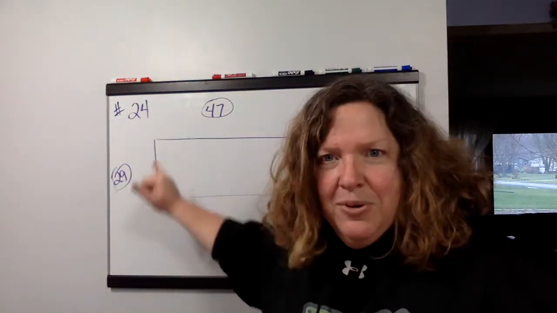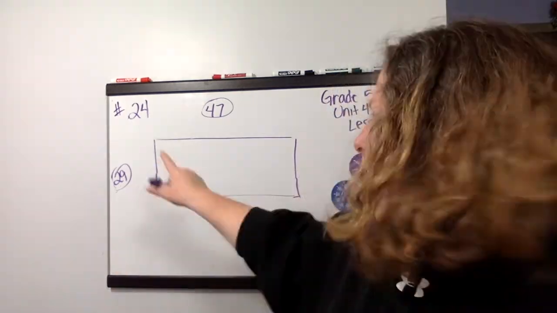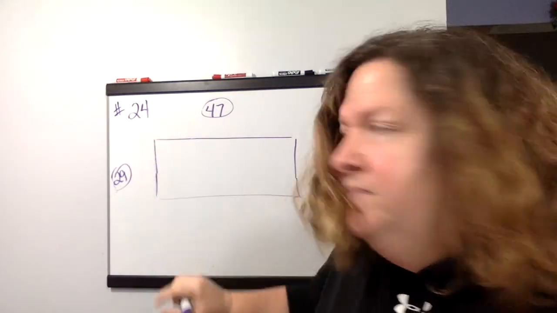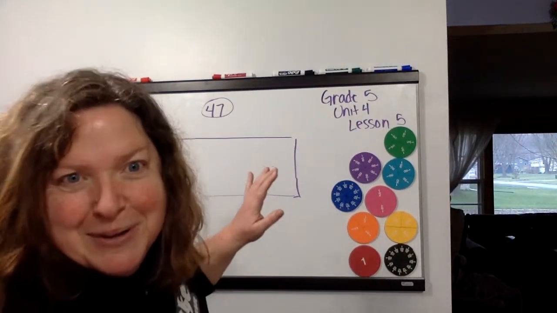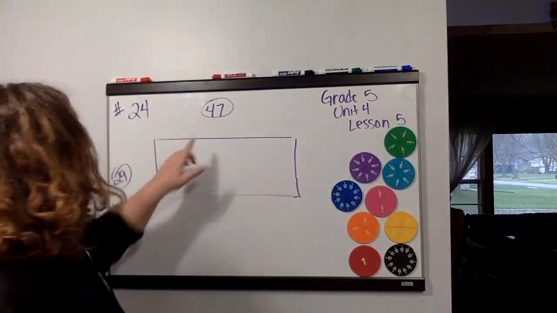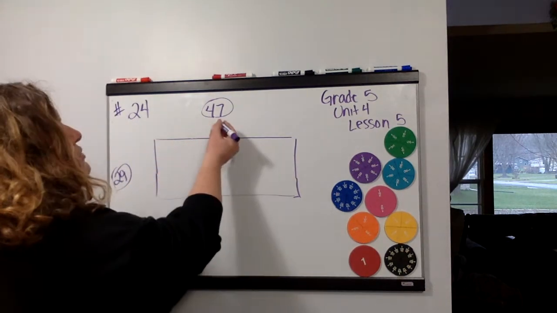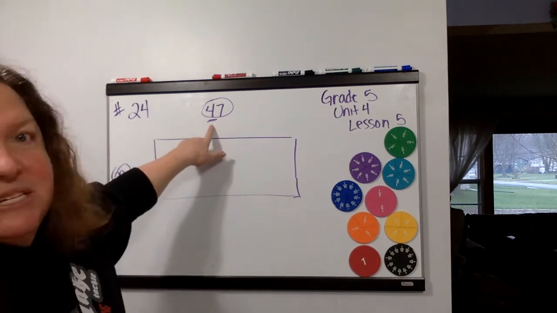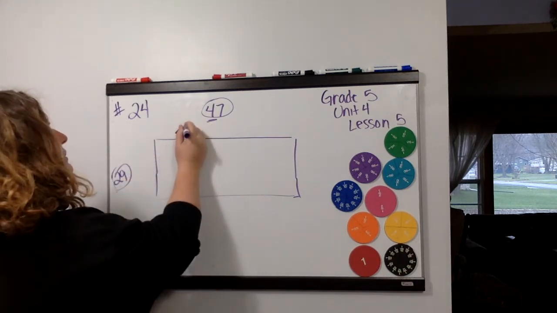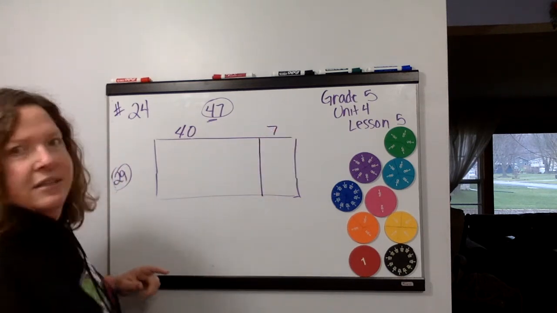Now, since it's already in the shape of a rectangle, I'm going to do one of my favorite methods, which is that area model, finding the place value sections method. I like to call it the area method, so that's why I'm calling it that. I'm going to take 47 apart into the place values. That's why our book calls it place value section method, because I'm going to take it apart into the 40 and the 7.